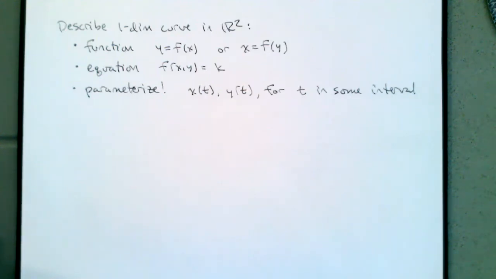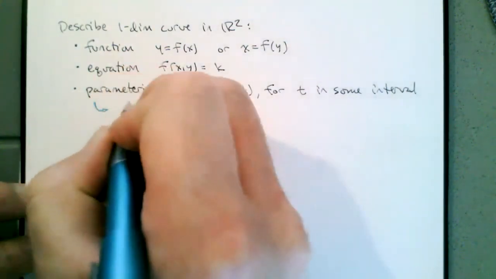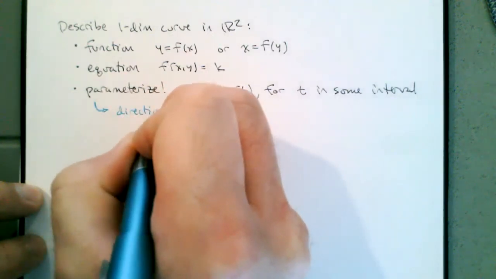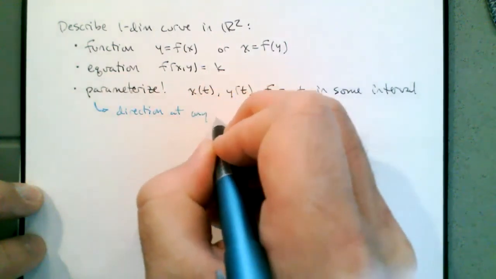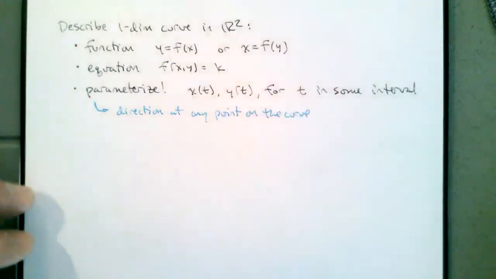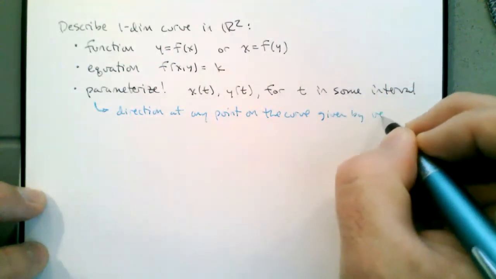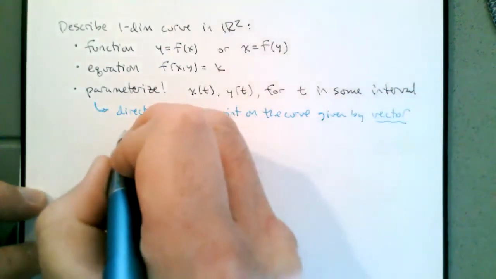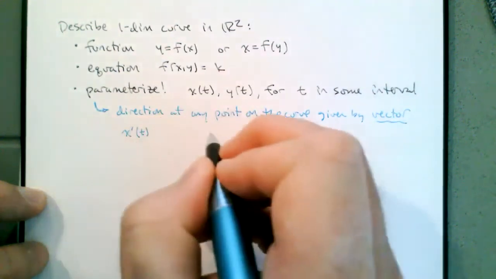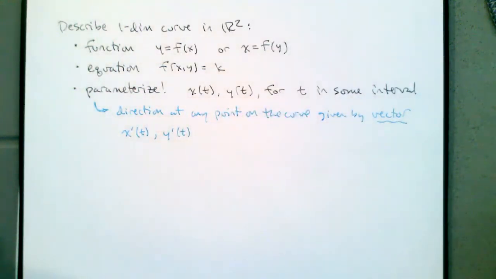In this last one, when we parameterize things, we said that the direction at any point on the curve is given by the vector x prime at t, y prime at t.